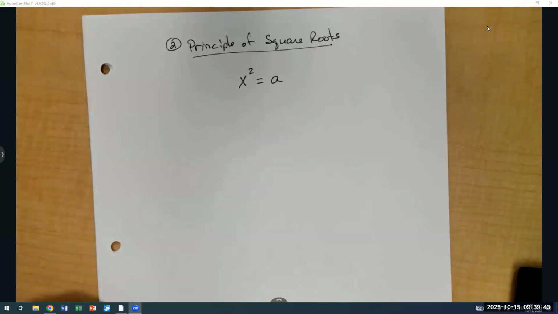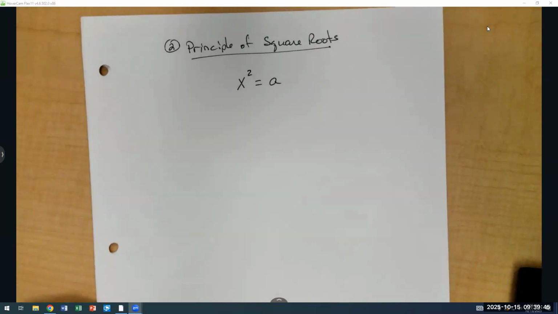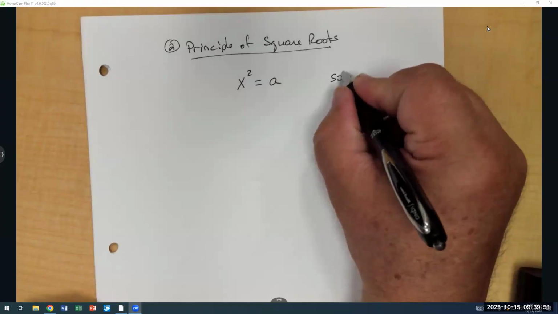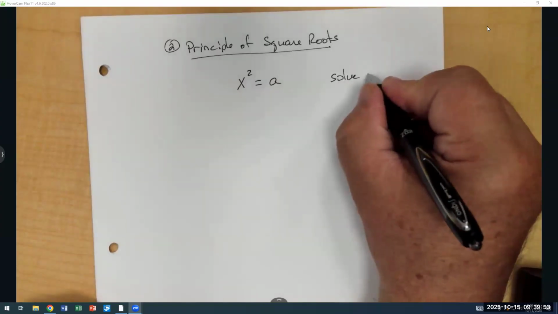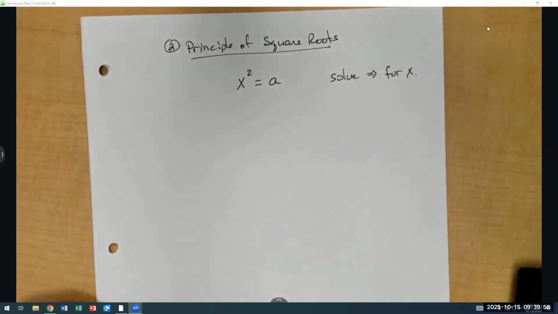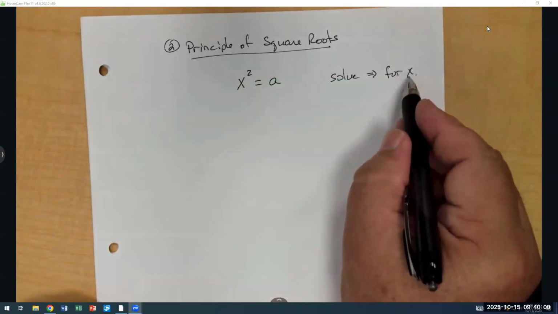Now that we've learned complex numbers, it can be positive or negative or 0. When we say solve, we mean solve for x, not x squared. We're solving for x.